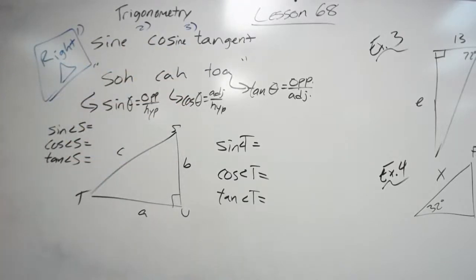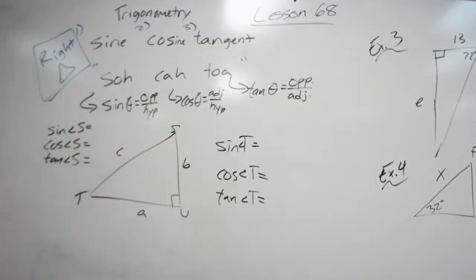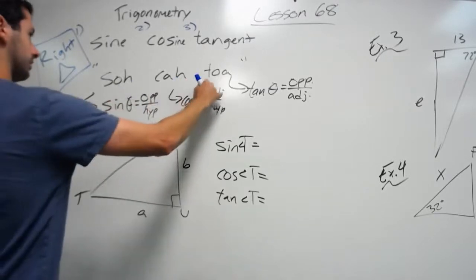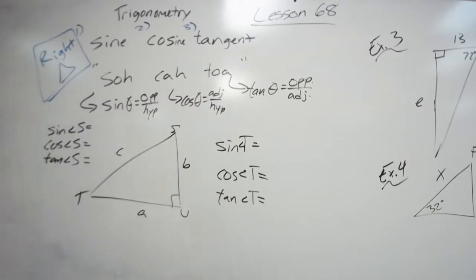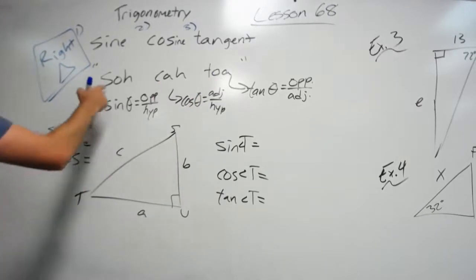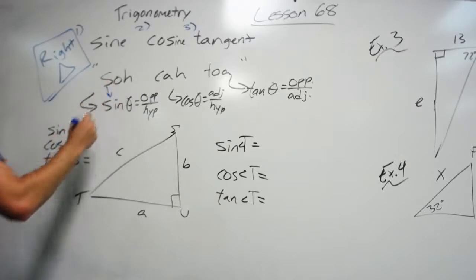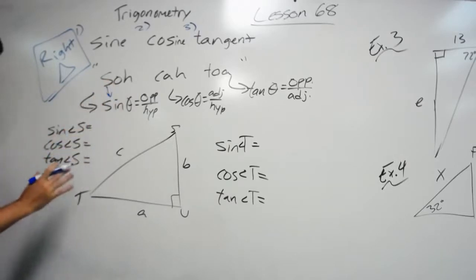And we use an acronym here to help us use our trigonometric ratios. Our acronym is SOHCAHTOA. What that stands for is the S stands for sine of theta, and I'll go over theta in a second.